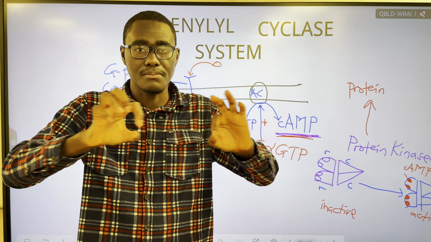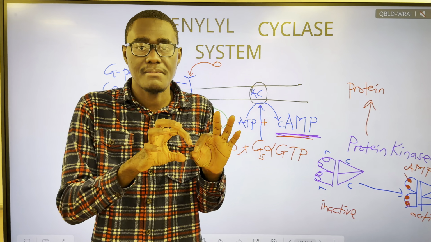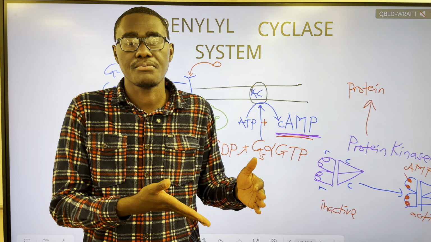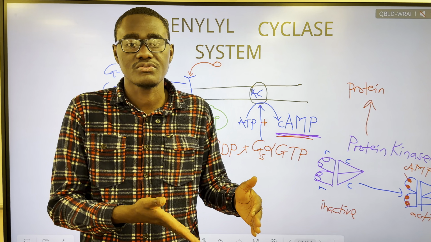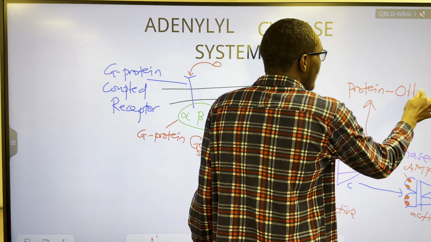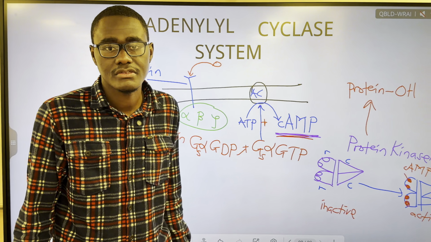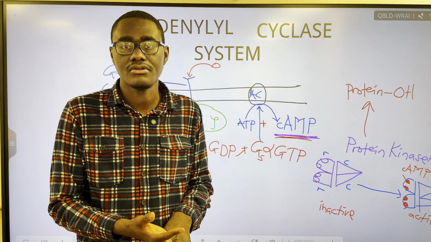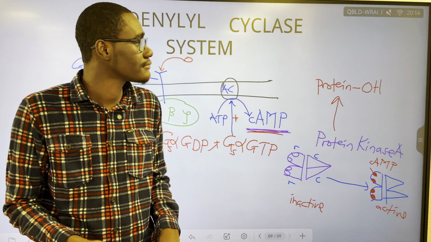You have polypeptides, and polypeptides have amino acids. Which part of the protein is going to be phosphorylated? The part that has amino acids containing an OH group. So it can be tyrosine, serine, or threonine.